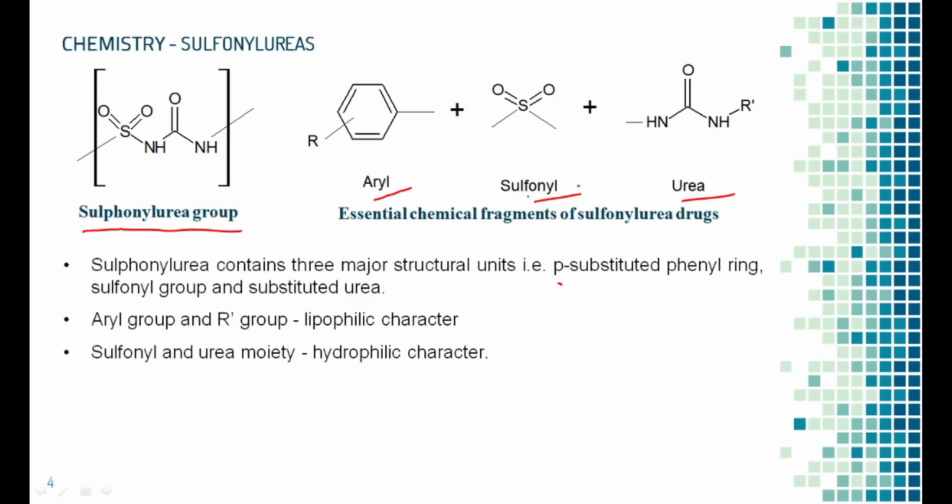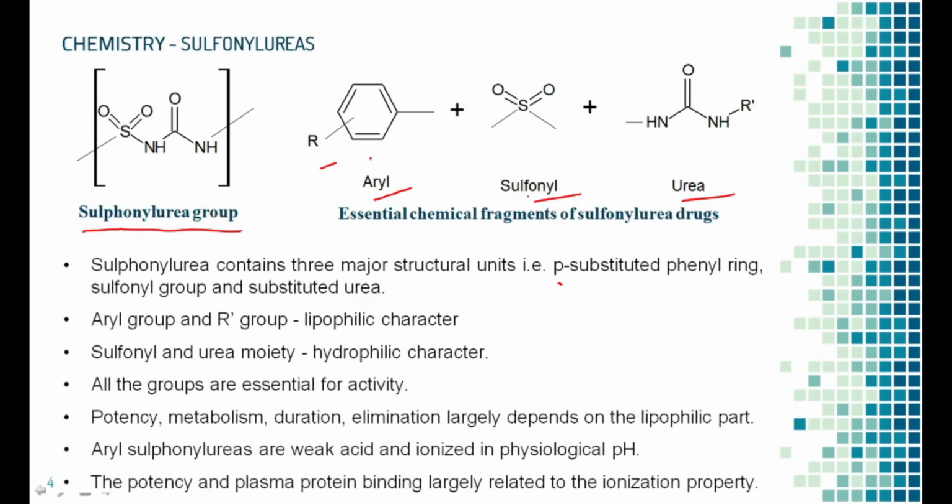The aryl group and the R group are responsible for the lipophilic character, while the sulfonyl and urea moieties are responsible for the hydrophilic character. All three of these major groups are essential for their activity.